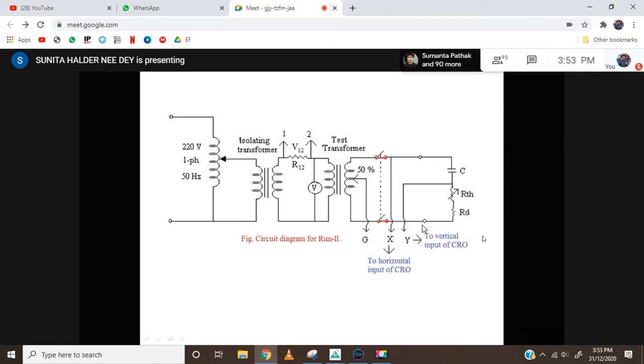Resistance box, decade resistance, please. No, here it is not a box. It is some resistances connected in series. You can say this is a box like that, where some resistances are connected in series. So you can take the total resistance or some part of it. You can use that one.